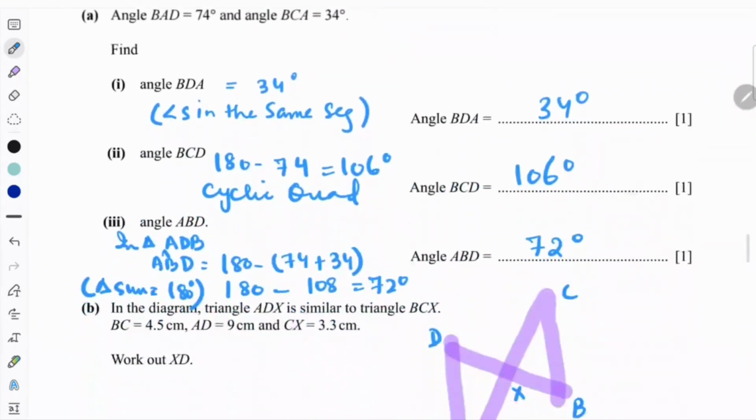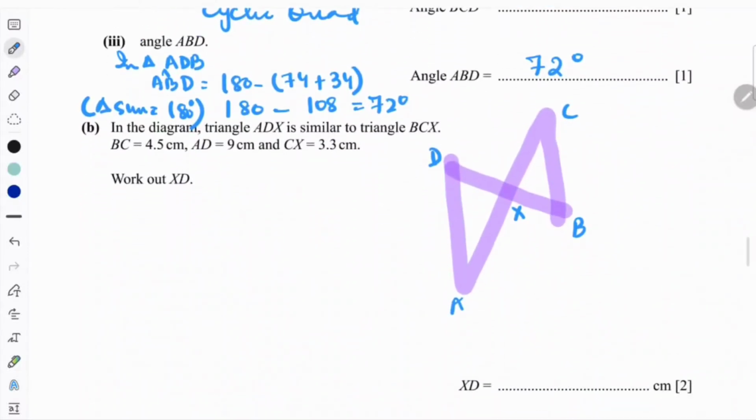BC is given as 4.5 centimeters and AD is 9 centimeters, its corresponding side, and CX is 3.3 centimeters. They're asking us to calculate XD. So we can take the ratio.